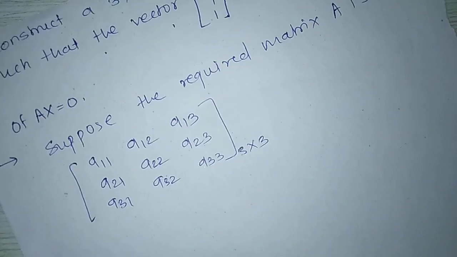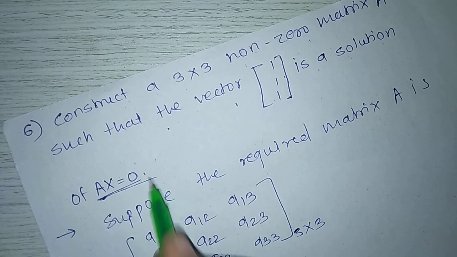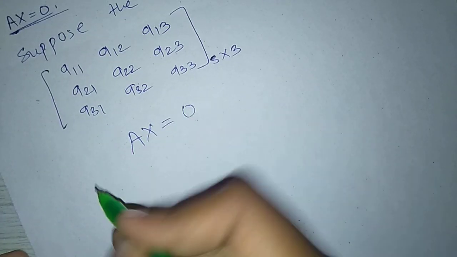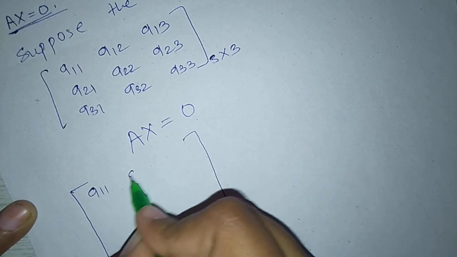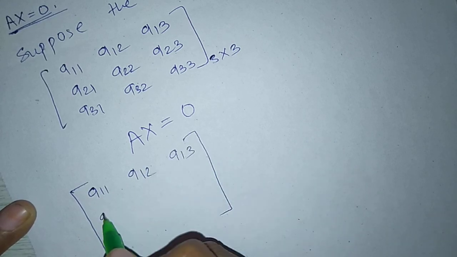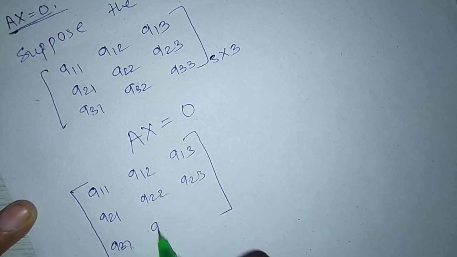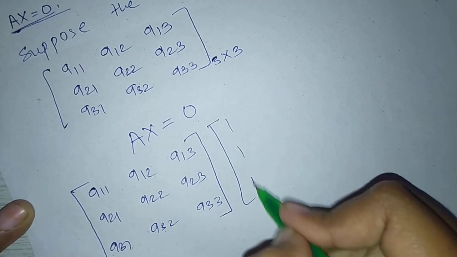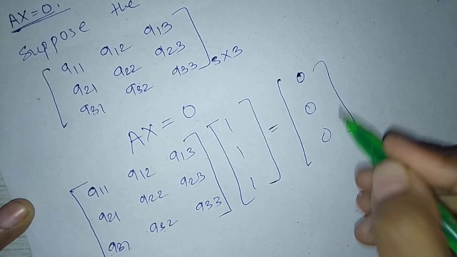Then from the given condition A x equal to 0, where x is (1, 1, 1), this equals (0, 0, 0).